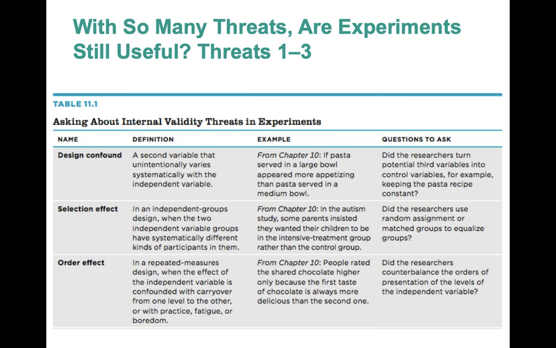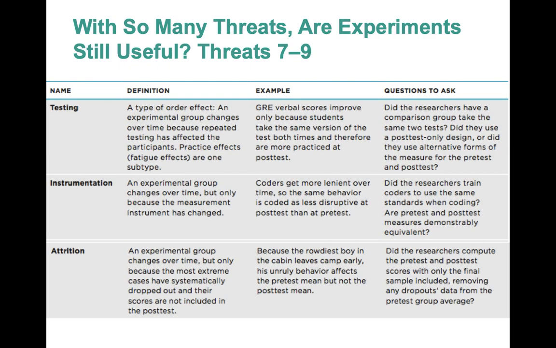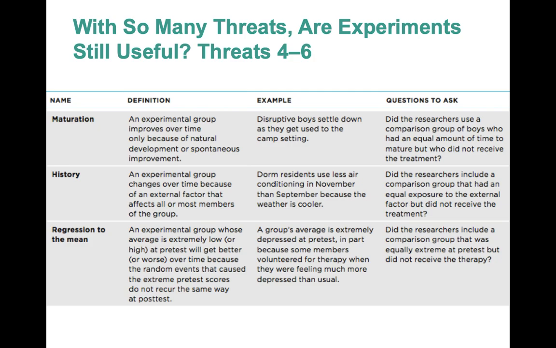I want to point out that, especially when it comes to the 6 threats here, so maturation, history, regression, testing, instrumentation, and attrition, these are really only present in the really bad experiment design where we've got a one group pretest, post-test. So designing experiments that have a control group can be used to rule out these 6 threats to internal validity.